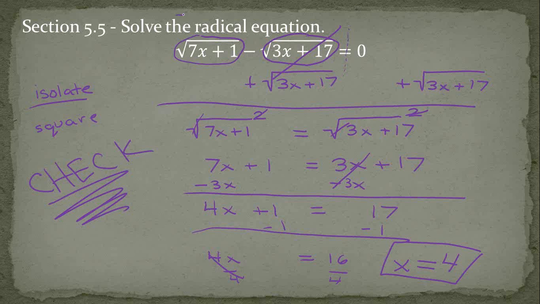But for example, if I go back to the original and you plug in a 4, this should equal 0. If you don't get 0, you know you're wrong. But here we would get 28 plus 1, which is 29.